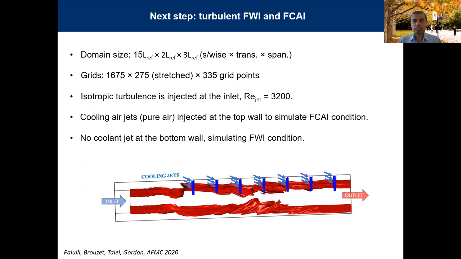But that is a very hard problem in 3D, so that might be something we'd like to do in the future. At the moment, this simulation has a blowing ratio of close to 1. We think if we increase the blowing ratio, we can observe that.